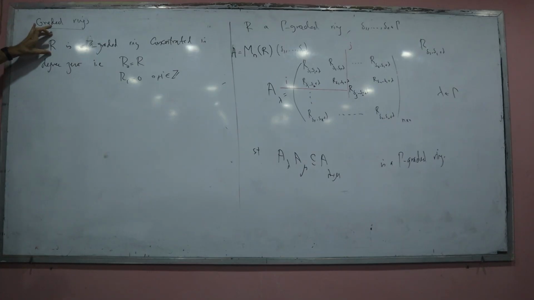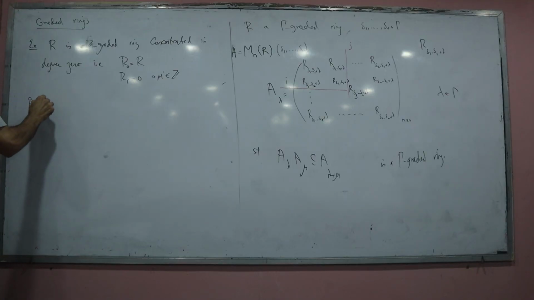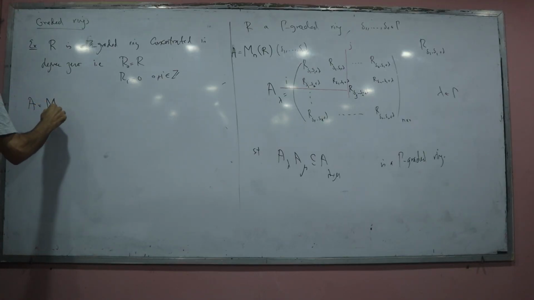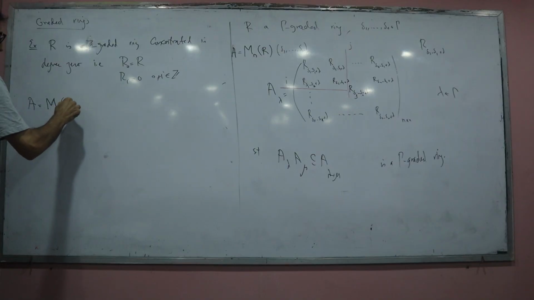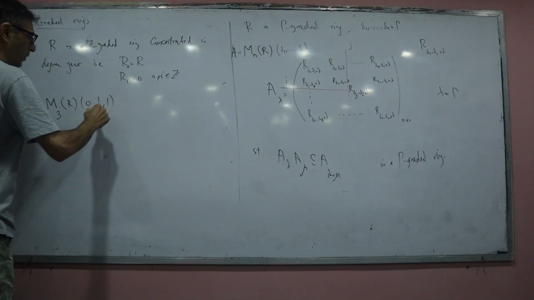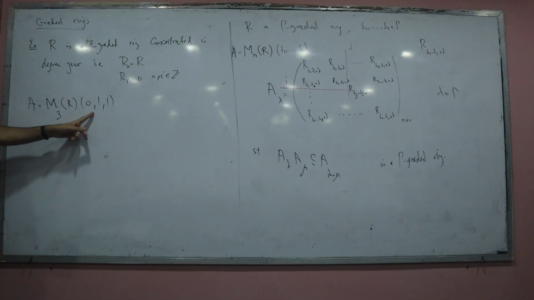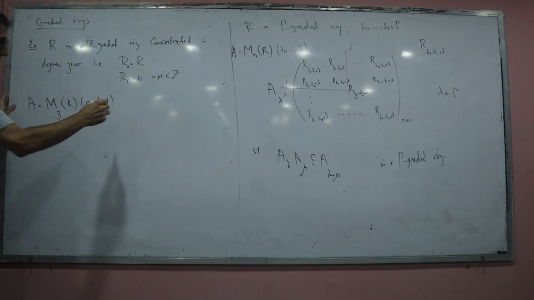All of the R is in R0. Now look at this one here, M3(R), with the sequence 0, 1, 1. This is a sequence of elements from Z, and this is a Z-graded ring.